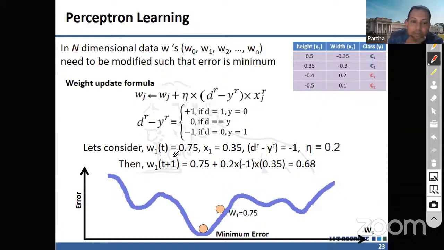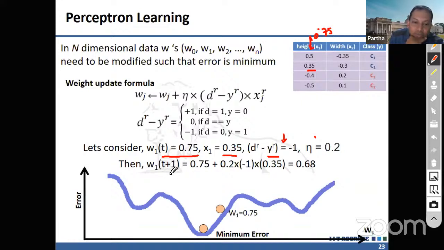Here I see this one example. W1 was 0.75 initially, and X1 was 0.35. This is the weight, and the features are all multiplied with this 0.75. And d minus y was -1, and eta is the scaling factor, 0.2.